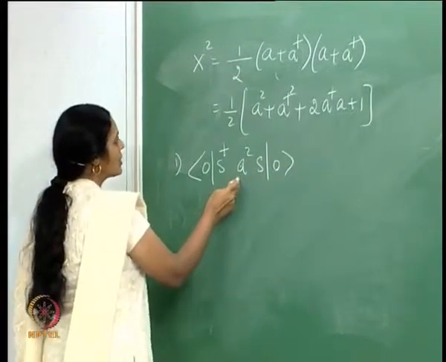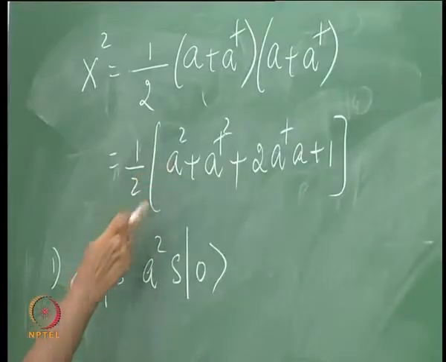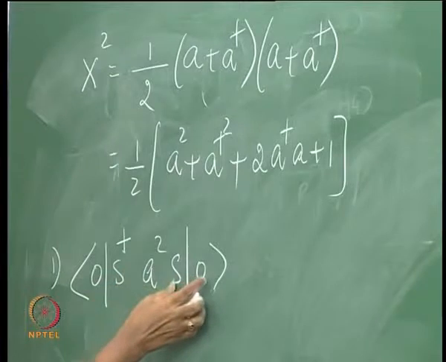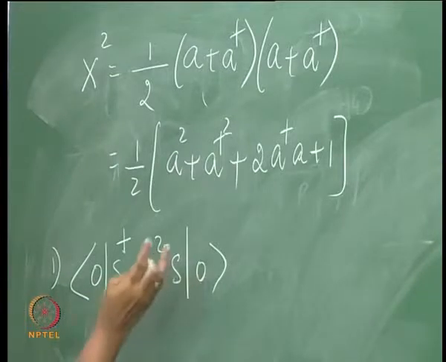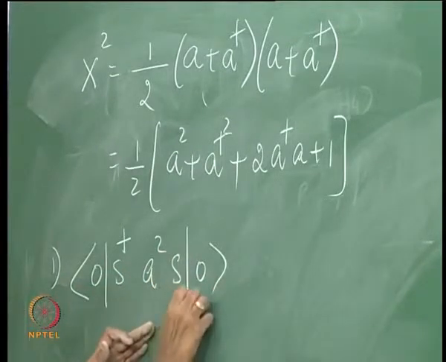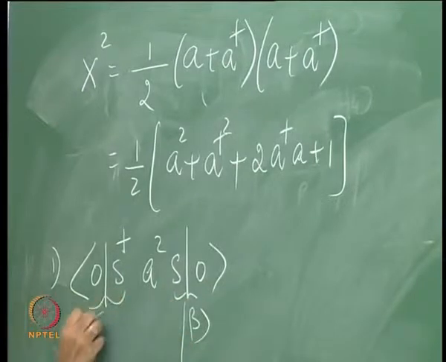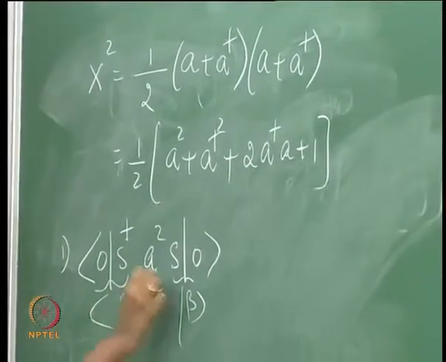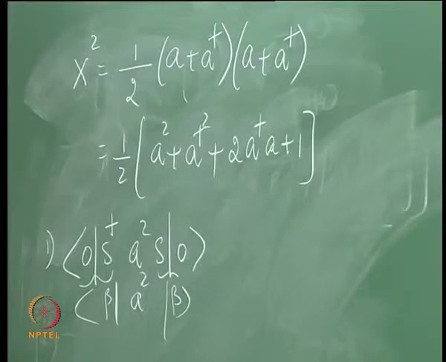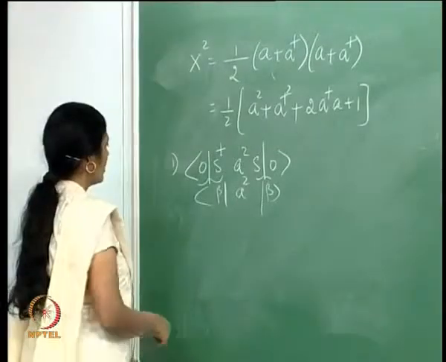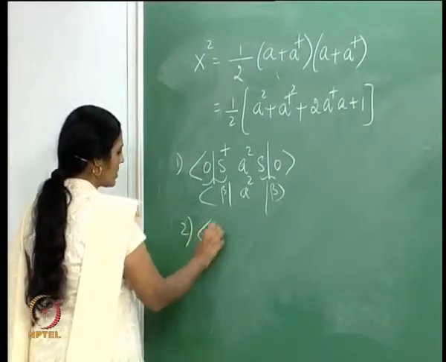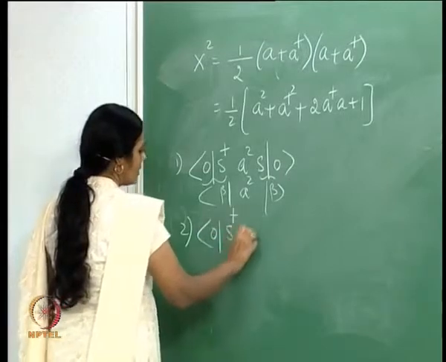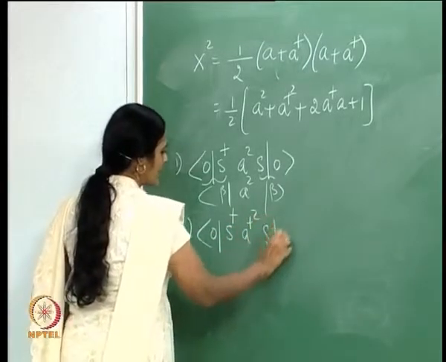We need to find out the expectation value of A squared when it is sandwiched between ket beta and bra beta. This is something we need to find out. Similarly, we need to find out bra 0 S dagger, A dagger squared S ket 0.